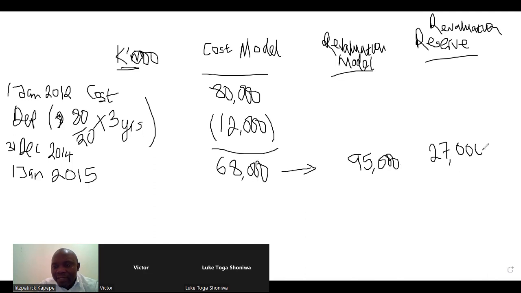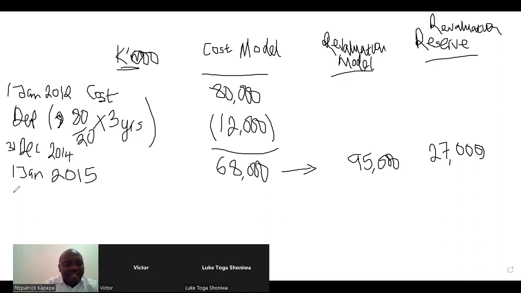Otherwise, you're not going to balance your balance sheet. So because we have increased by 27,000 on the first half, under equity you also need to credit the same amount.